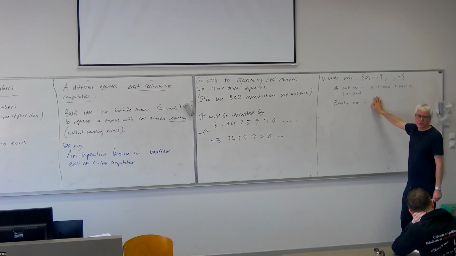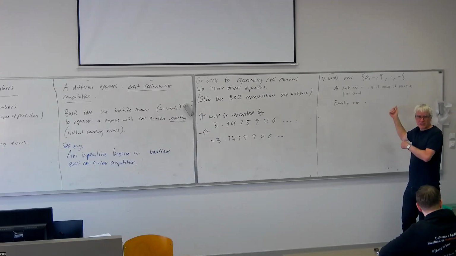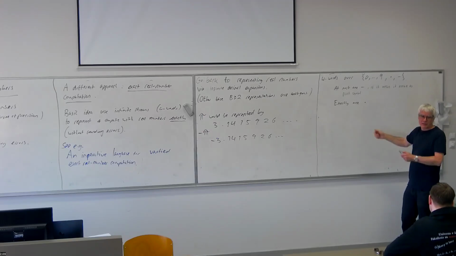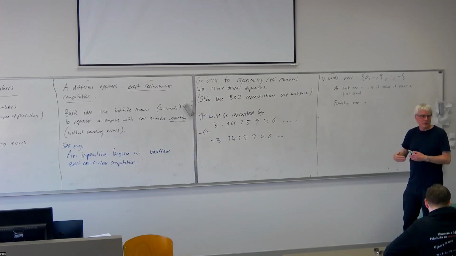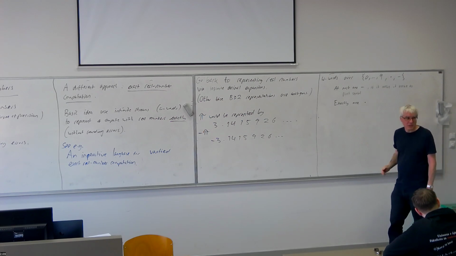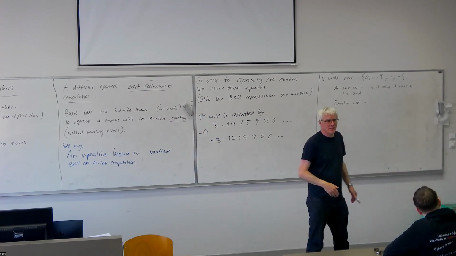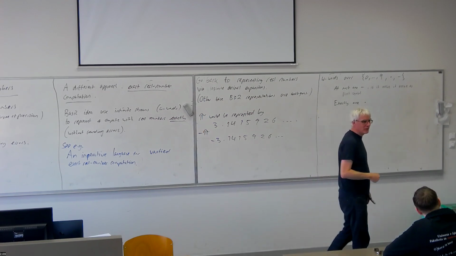We would like algorithms for the usual operations: an algorithm on omega words that takes two omega words for two real numbers and finds us an omega word for the sum of the two real numbers, or for the product. And sadly, such algorithms don't exist. So that's the problem with this representation. Can't add two real numbers, can't multiply two real numbers.